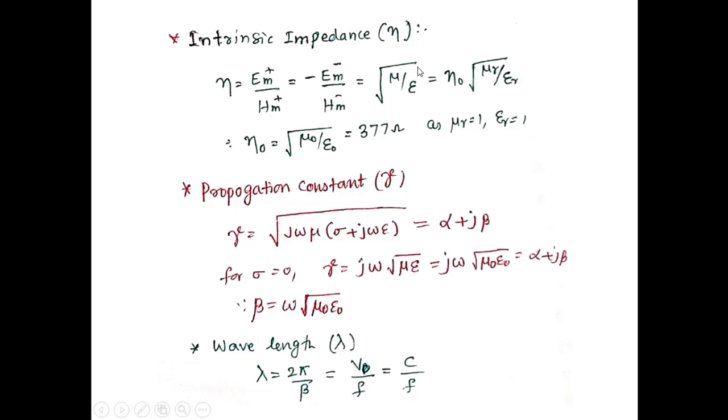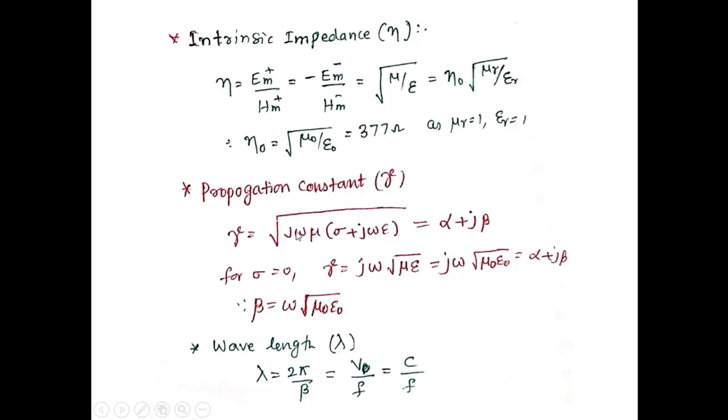Since mu is equal to mu r mu naught and epsilon is equal to epsilon r epsilon naught, we take eta is equal to eta naught under root of mu r by epsilon r. Here eta naught is equal to under root of mu naught by epsilon naught. If we substitute the value of mu naught is equal to 4 pi into 10 raised to minus 7 and epsilon naught is equal to 8.854 into 10 raised to minus 12, we simply get 377 ohm or 120 pi.